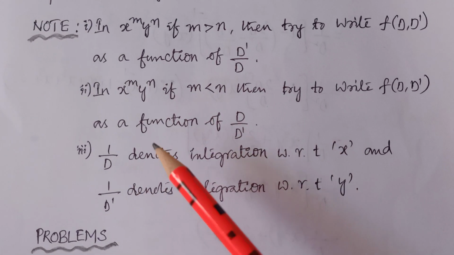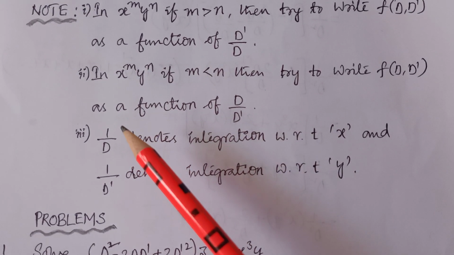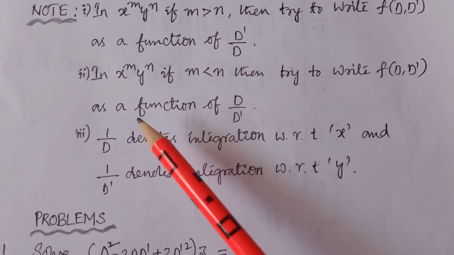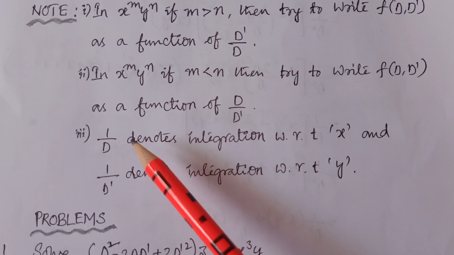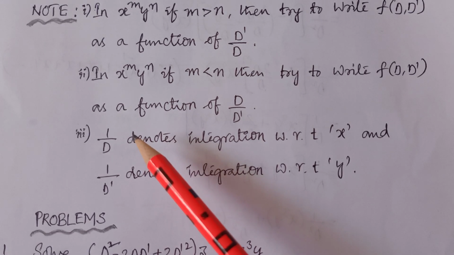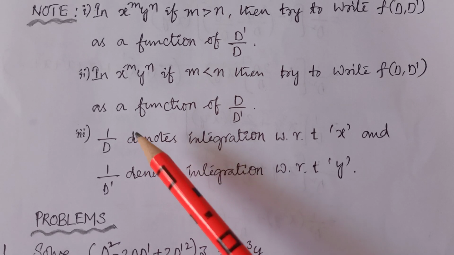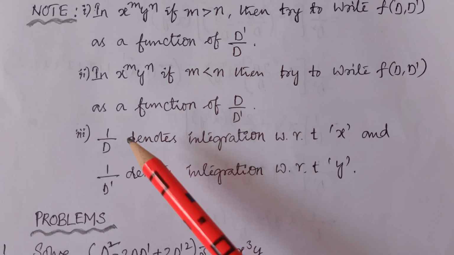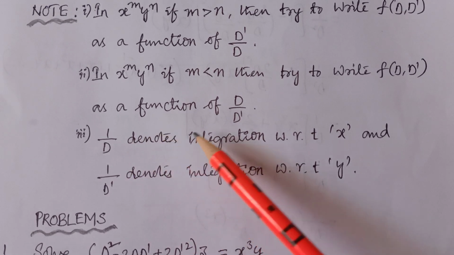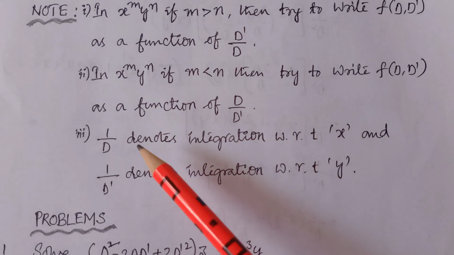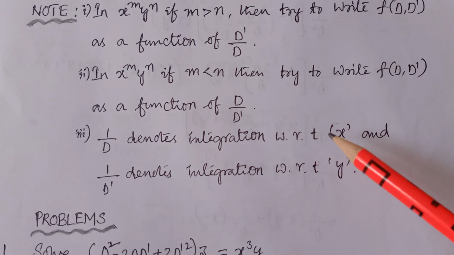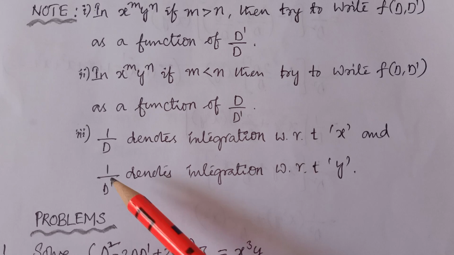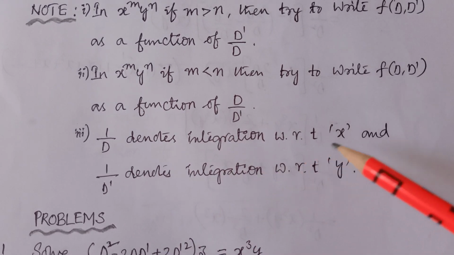Another point you have to remember: as you know, capital D is dou by dou x and capital D dash is dou by dou y. That is, D is the partial derivative with respect to x and D dash is the partial derivative with respect to y.